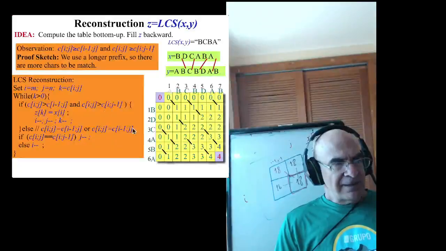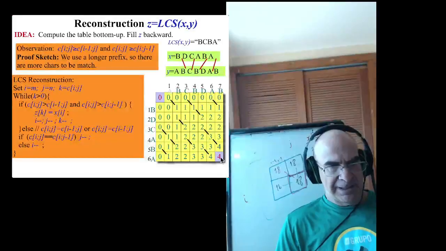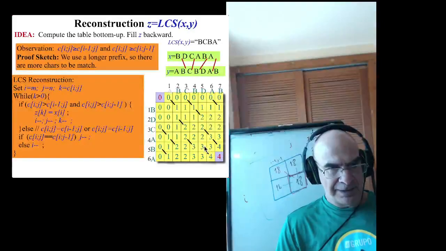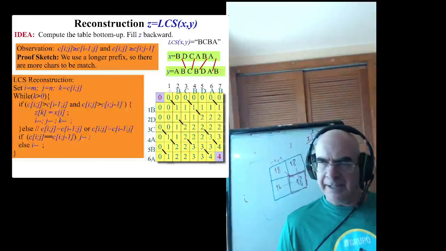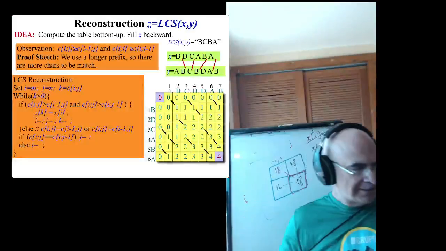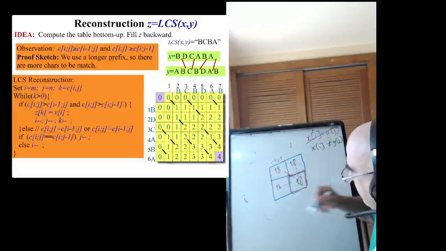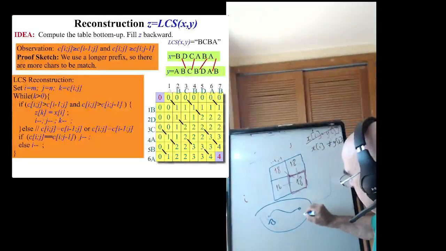The algorithm itself, as I said, at each iteration, you start from the last character and you find your way backward. Completely analogous to what we did in Dijkstra and Bellman-Ford, where we first find the path from the source to the destination.